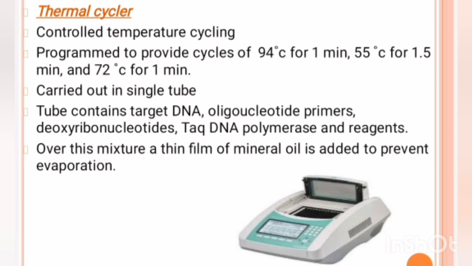Over this mixture, a thin film of mineral oil is poured in order to prevent evaporation during the process in the thermal cycler. This is the experimental setup of PCR.